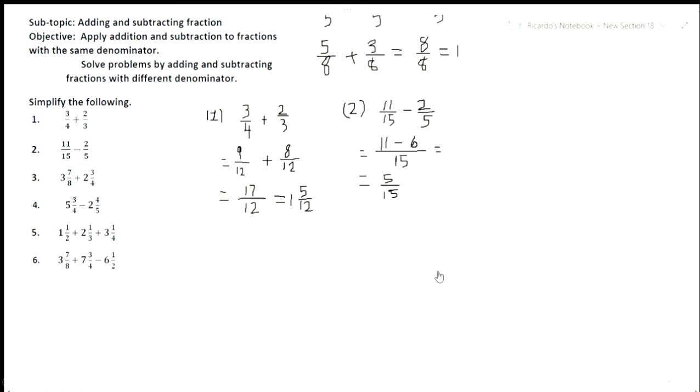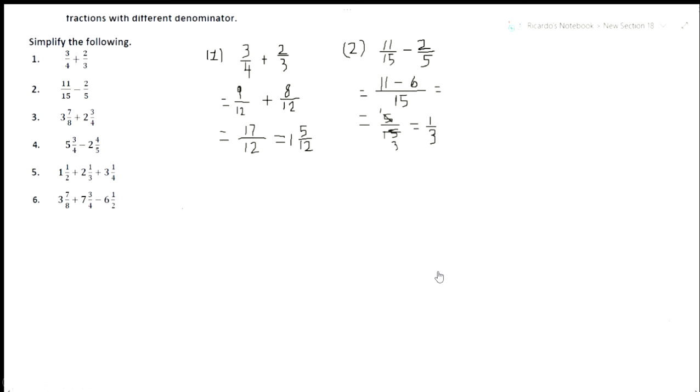Okay, so we can just cancel this because 5 can go into 15 and 5 can go into itself. 5 into itself 1 time, and 5 into 15 goes 3 times. So the answer for this is a third, and that would satisfy that one.